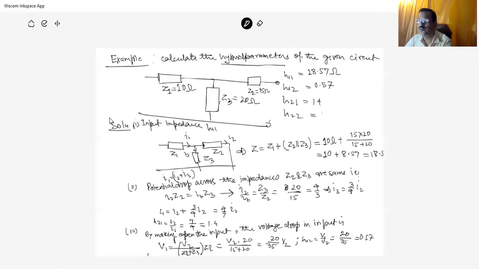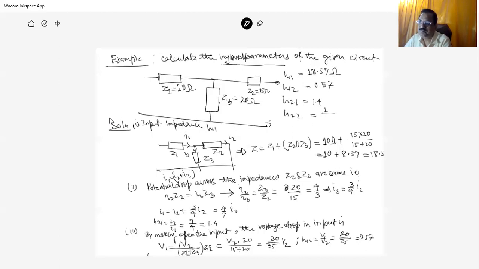Now H22 is 1 upon the output impedance, when the input is open.